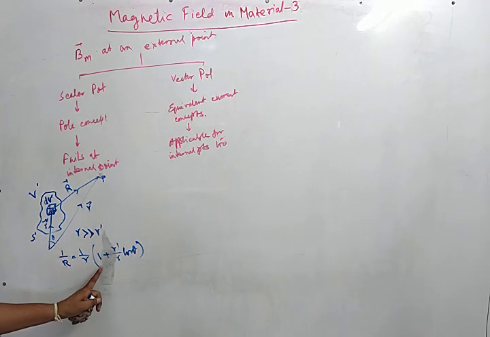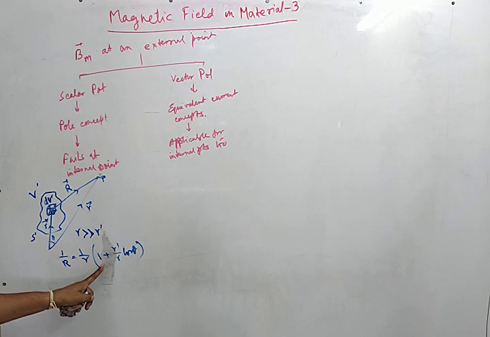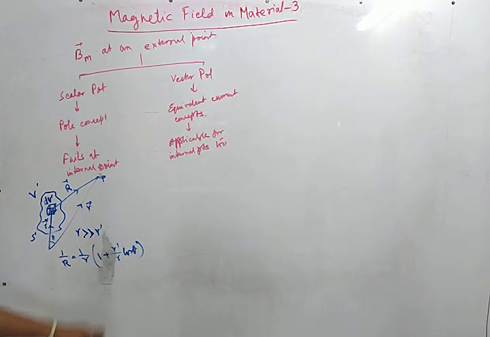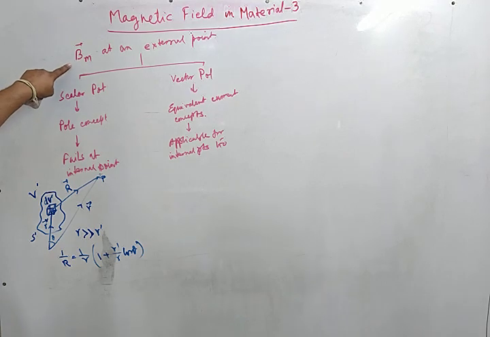The first term leads to the monopole contribution to the potential, which is 0 for magnetism, and the second term leads to the dipole contribution. So we treat the B, or the field at an external point due to magnetized material, in dipole approximation.